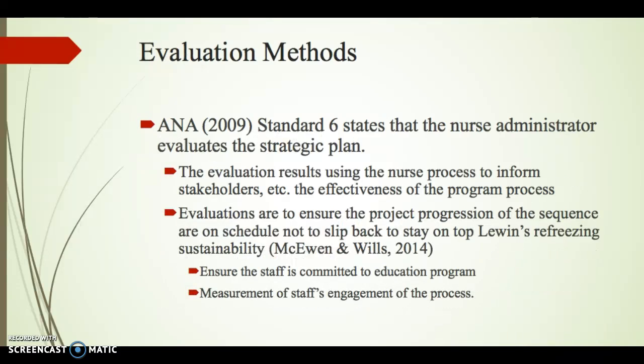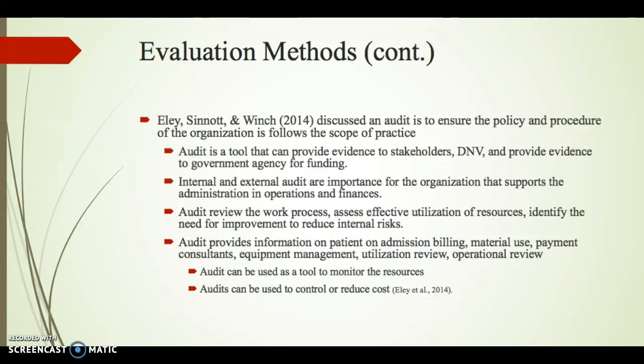The ANA Standard 6 states the nurse administrator evaluates the strategic plan that provides a way to measure the process to improve professional performance. The evaluation results using the nursing process will inform the stakeholders of the effectiveness of the program process.